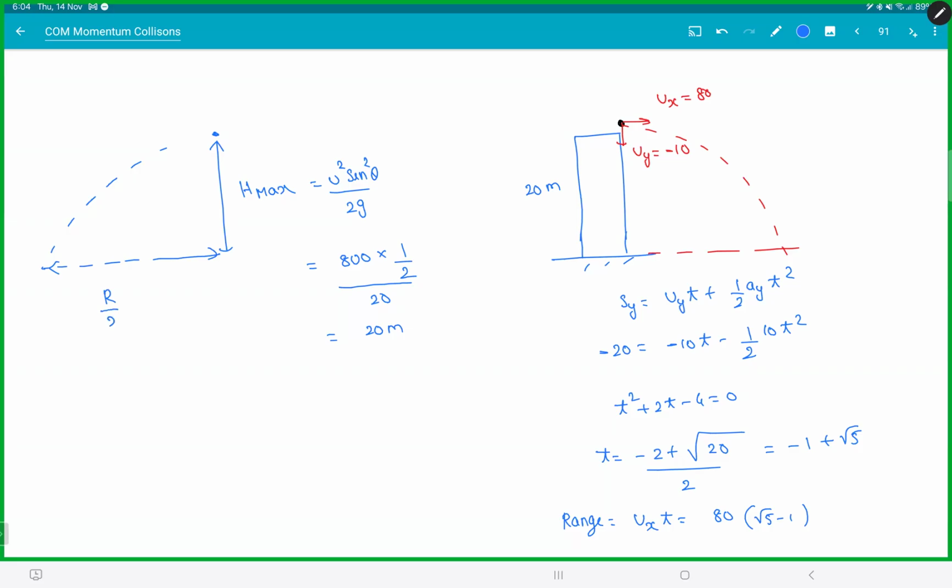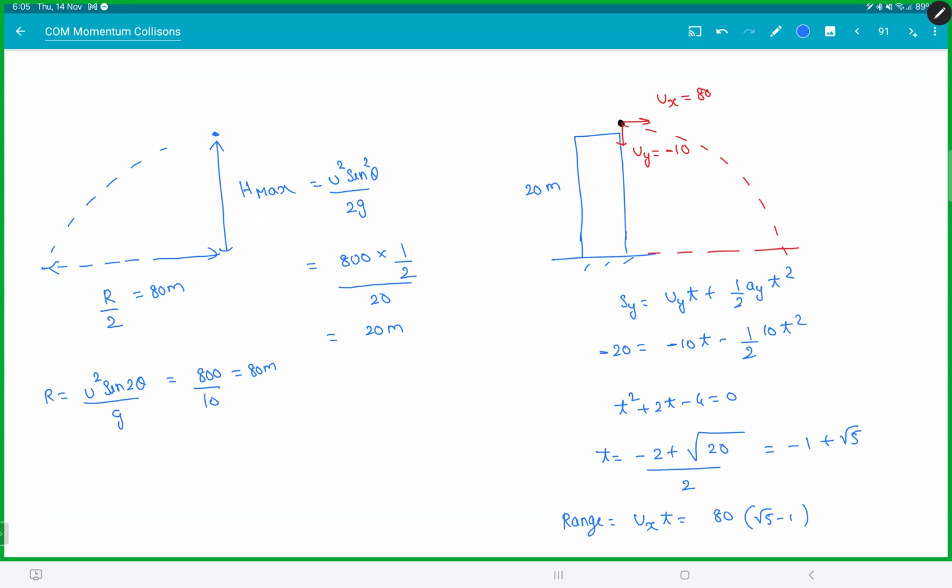This would be R by 2, half of the range, where range is u square sine 2 theta by g. u square is 800, this is 10, so this is 80 meters. So from initial position, it is 80 root 5. Who got that? Ishana, you got it. From the point of projection, this guy will go 80 root 5. From the point of explosion, it is 80 root 5 minus 1.